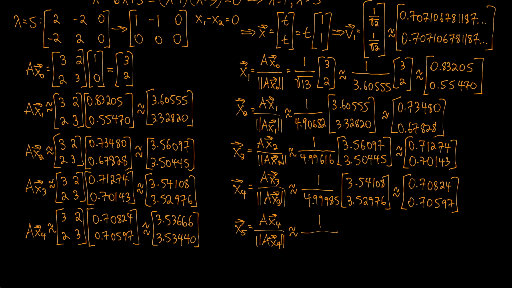For the length, 1 over 4.99999, and then multiplying that by [3.53666, 3.53440], and we get about [0.70733, 0.70688].